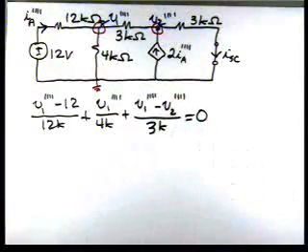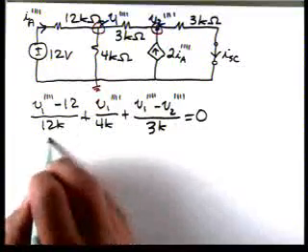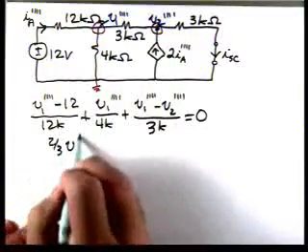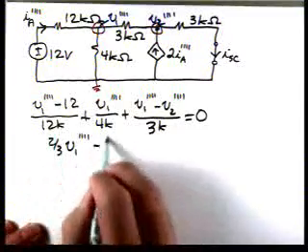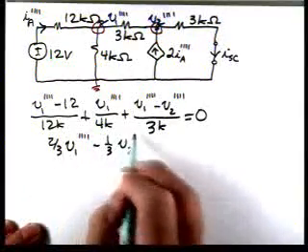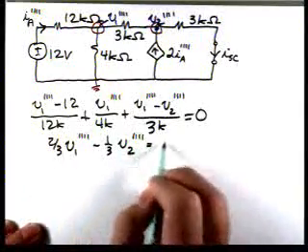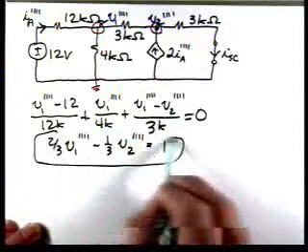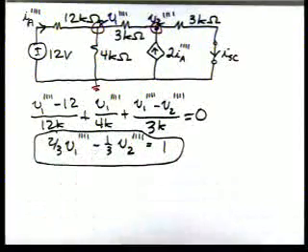And we can reduce this equation to 2/3 times V1 minus 1/3 times V2 equal to 1. So there's our equation at the left node.